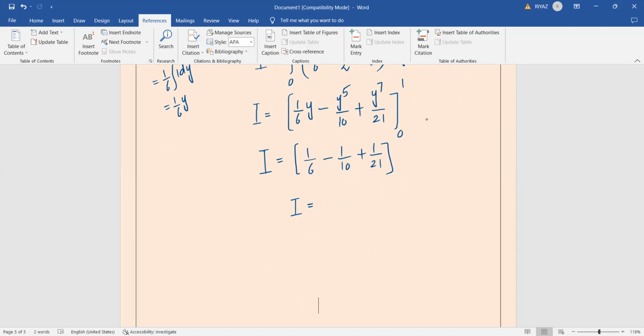What is the answer in fraction? Yes, 4 by 35 is the answer.